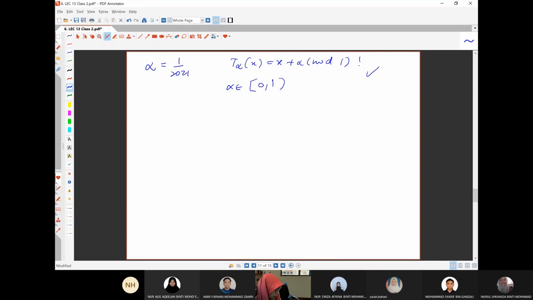But actually, if you look at this 1 over 2021, if you divide, what is the value? Is it a rational number or an irrational number? Try dividing with a calculator, what do you get? What is an example of an irrational number?